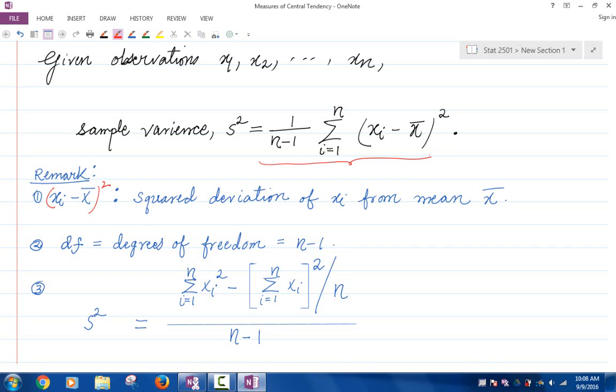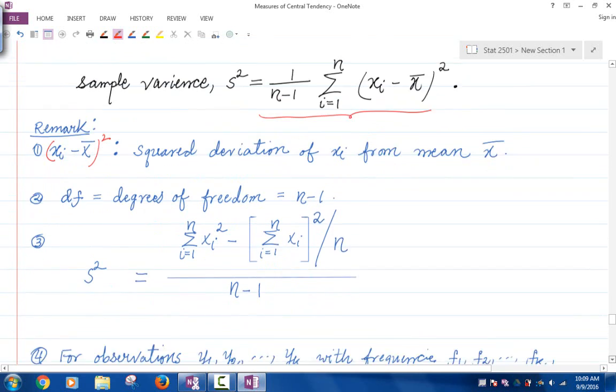If the unit for the observations is inch, what would be the unit for the sample variance? Yeah, squared inches, right? Well, so that means the unit for the observations doesn't match the unit for the measure of dispersion, right?